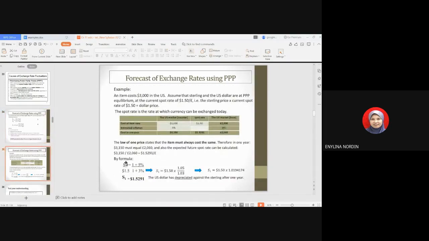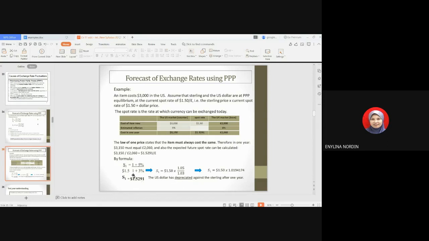S1, we know this is what we want to find out, divided by 1.5, which is the current spot rate, $1.5 per pound, equals 1 plus the inflation rate in the foreign country, that is the US, 5%, divided by 1 plus the inflation rate in the base currency, which is the UK, 3%. Therefore you can get the expected future spot rate.